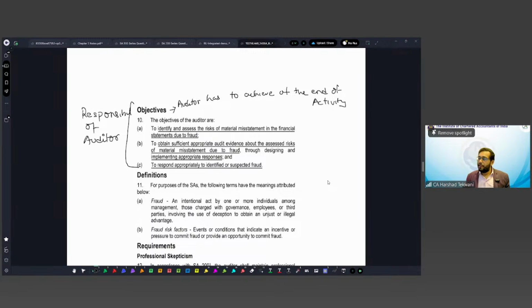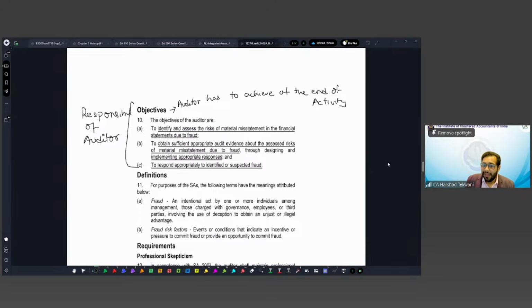Because you have to achieve it, it becomes your responsibility. Remember, we talked about your objective will become your responsibility. So identify, obtain evidence, and to respond. That is your objective and your responsibility.